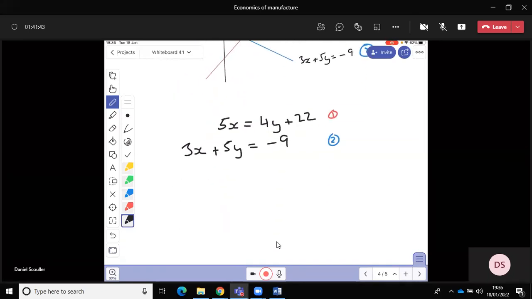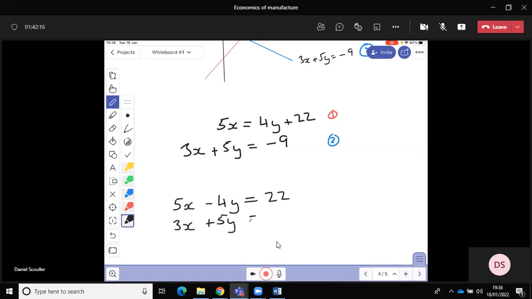So we want to take equation 1 and bring all the letters over to the left-hand side. That would give you 5x minus 4y equals 22.